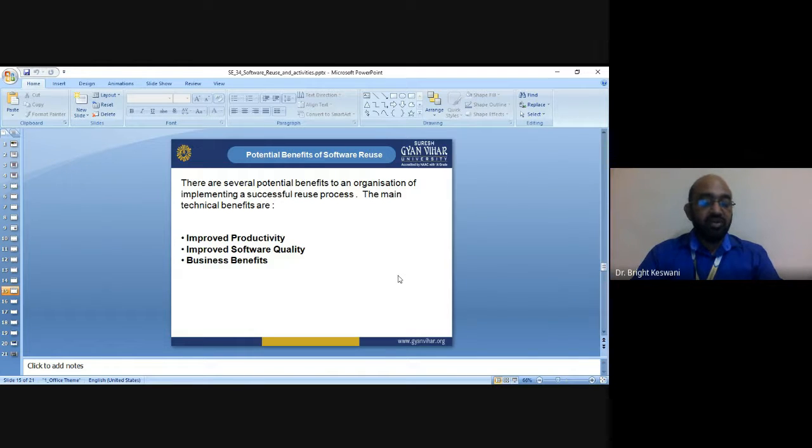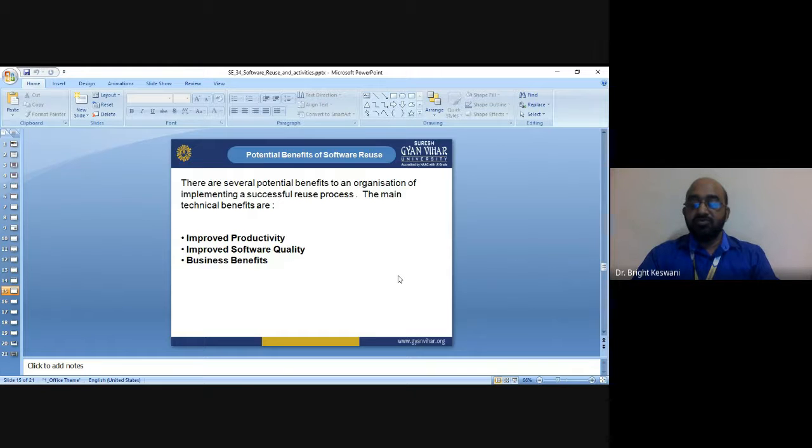When we talk about improved software quality, the quality of the software produced is increased by the introduction of a reuse program, because the components used will have already been tested in live programs and in a variety of situations if they have been used in other projects, and therefore any problems should have been rectified already.